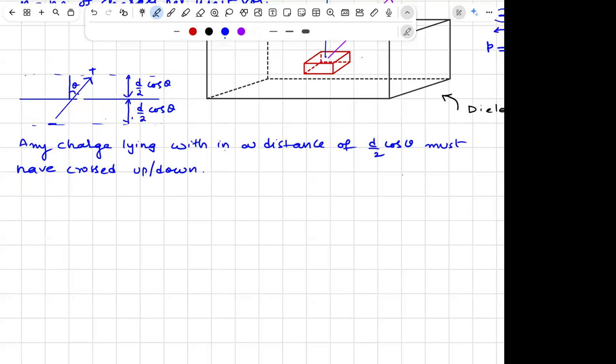If it is a positive charge, delta Q goes upwards. If it is a negative charge, it goes downwards. As I mentioned, n is the number of charges per unit volume.